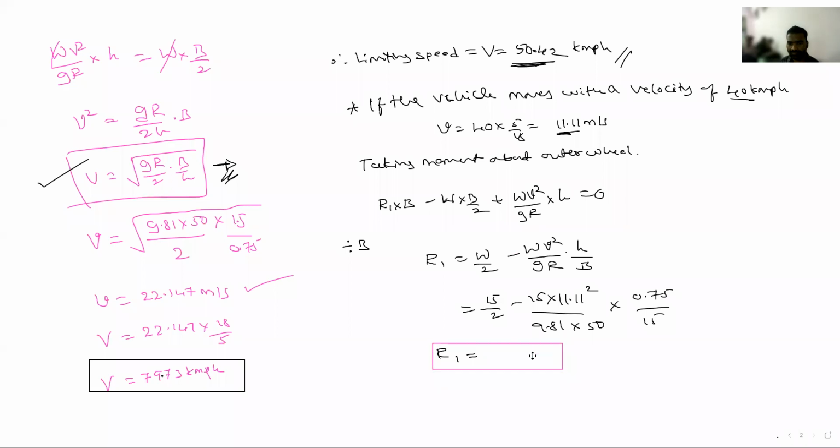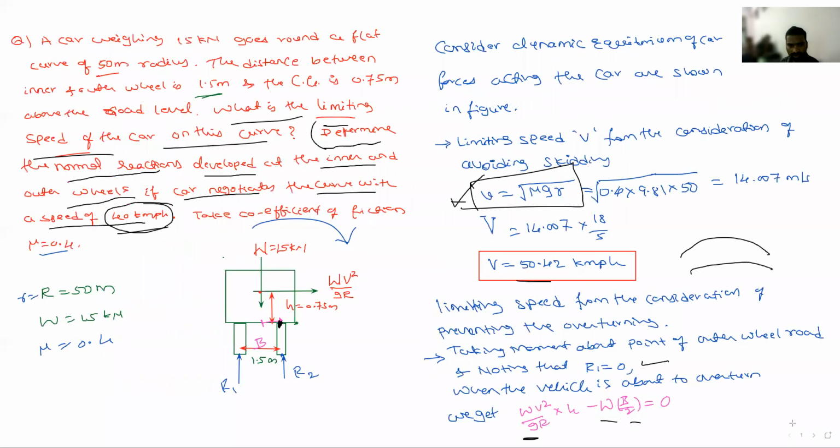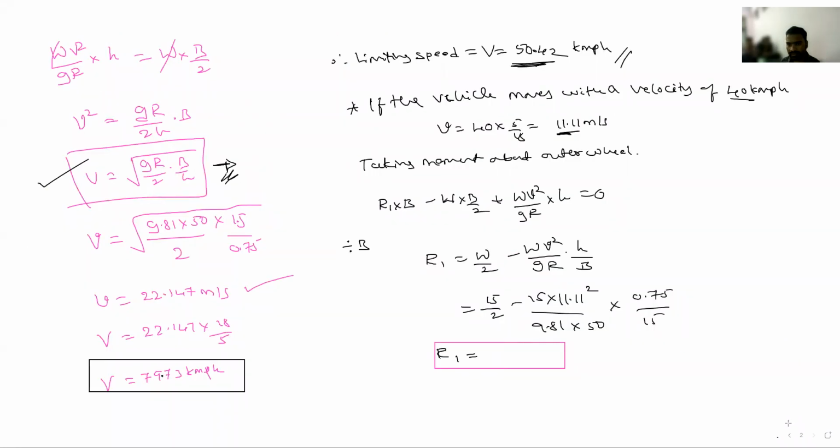Minus 39.68. Are you getting minus? Why are you getting minus? Recheck. Check again here. You will not get minus. B correct. W V square by G R into H, H divided by B, correct?